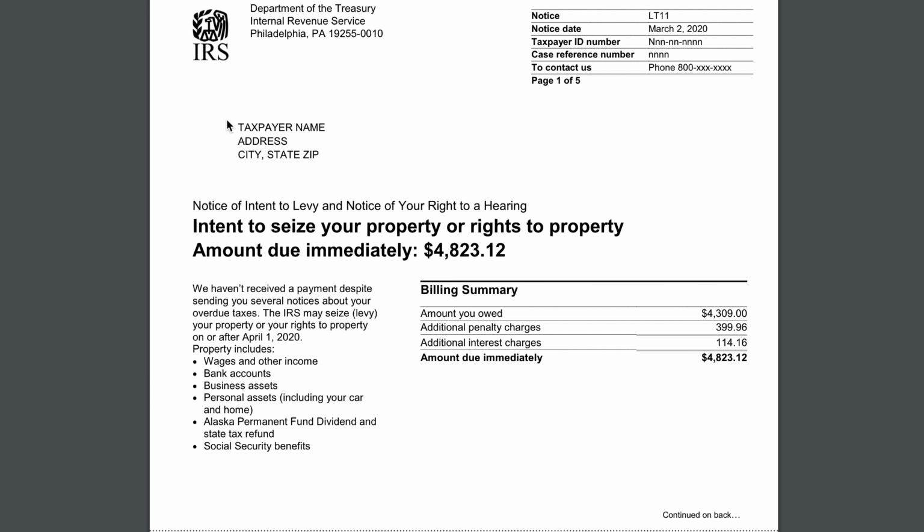And two, pay attention to your address, because a lot of taxpayers get into problems when they have changed their address. Usually when you file your income tax return, the IRS will update your records with your new address.